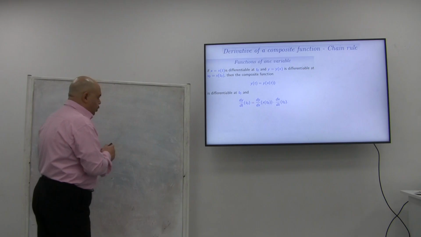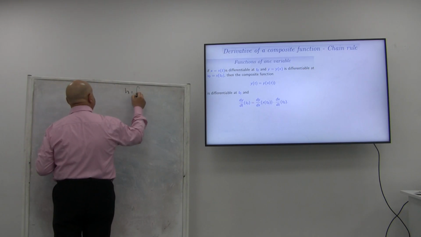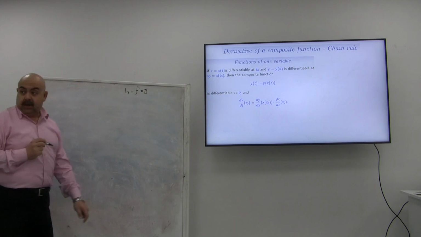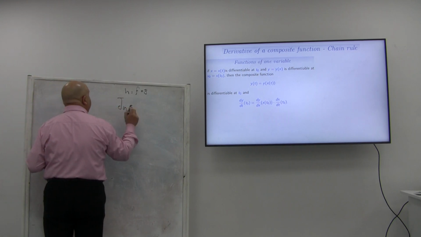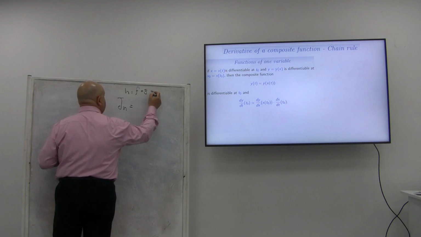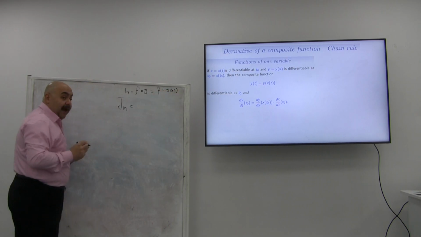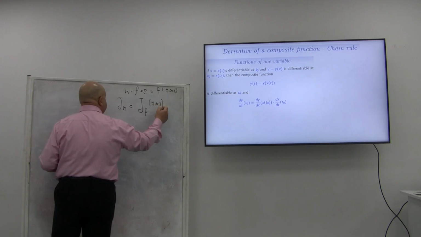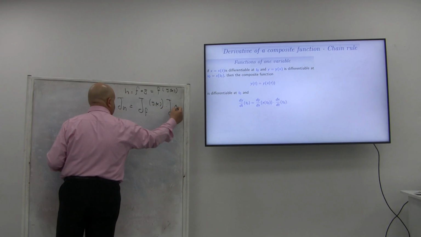To make it easier, if I have h, which is f composite g, and I want to find the Jacobian of h, I first get the Jacobian of the f function evaluated at g of x, times the Jacobian of g of x.